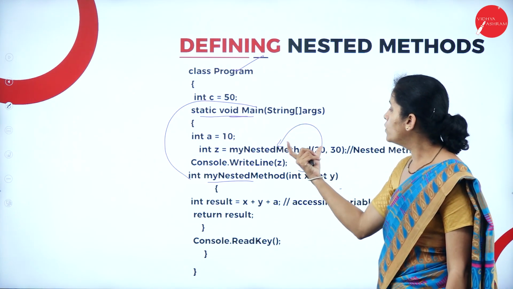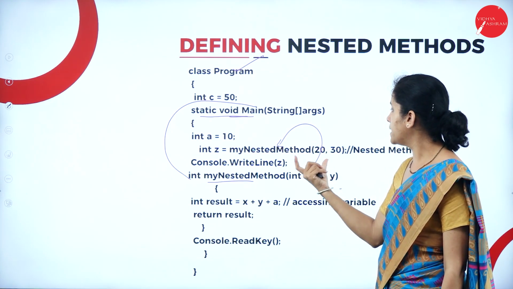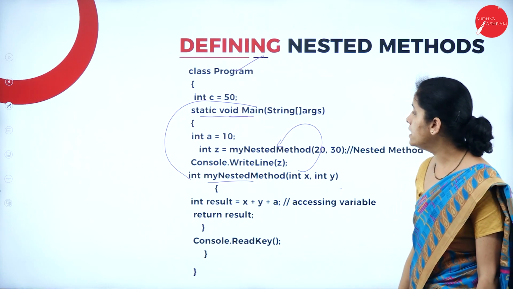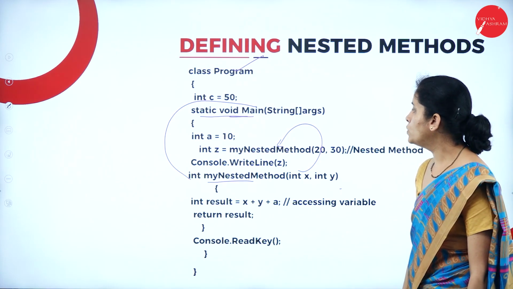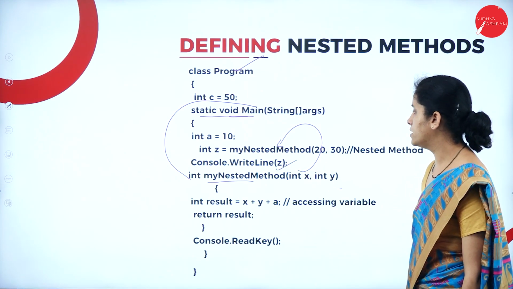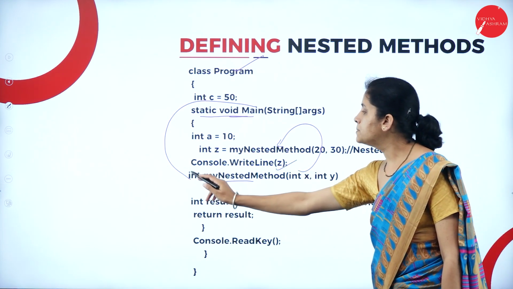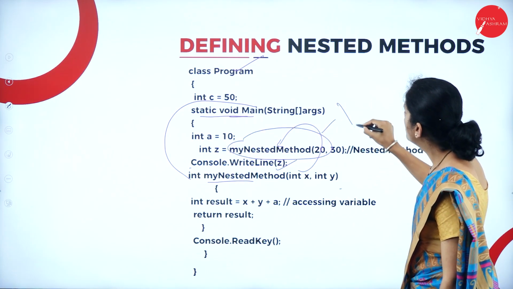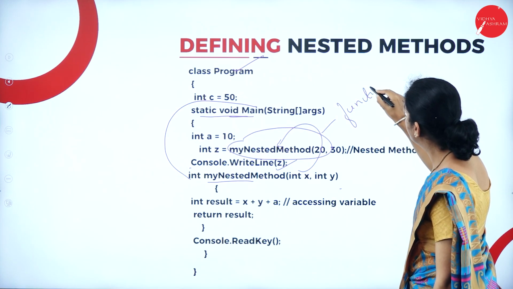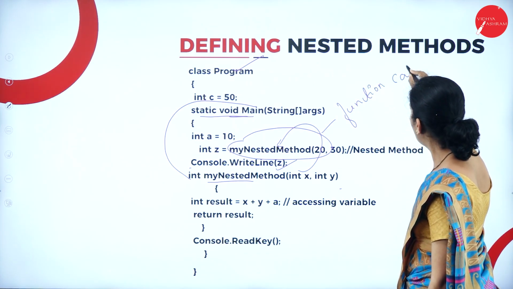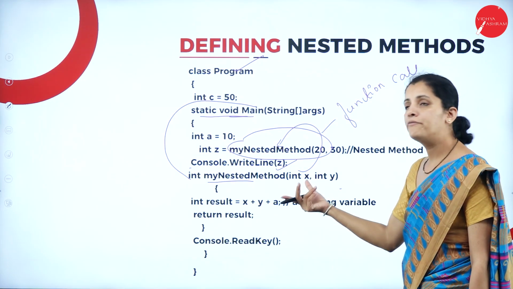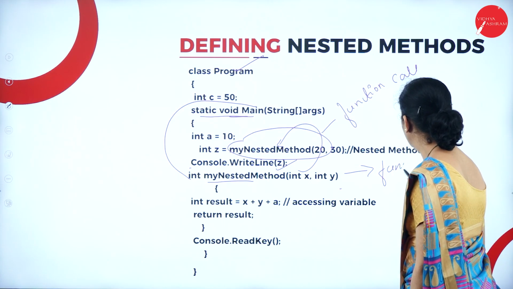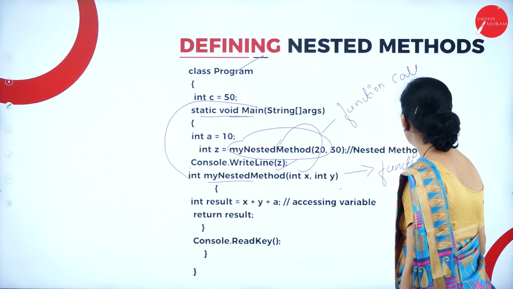So, what I'm going to do? I'm going to call this method. And what I'm going to pass? I'm going to pass 20 and 30. And I want to write the output. Now, this is my function call, and this is my function declaration, or method declaration.